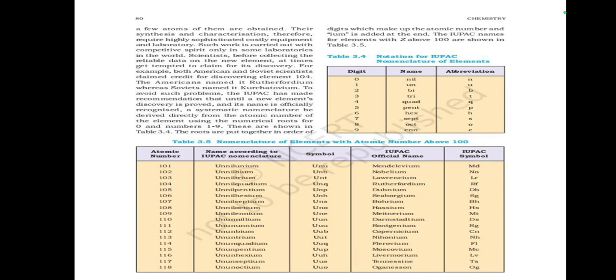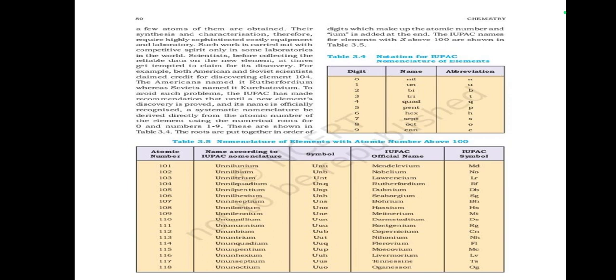Their synthesis and characterization therefore require highly sophisticated, costly equipment and laboratories. Such work is carried out with competitive spirit only in some laboratories in the world. Scientists, before collecting reliable data on the new element, at times get tempted to claim its discovery.